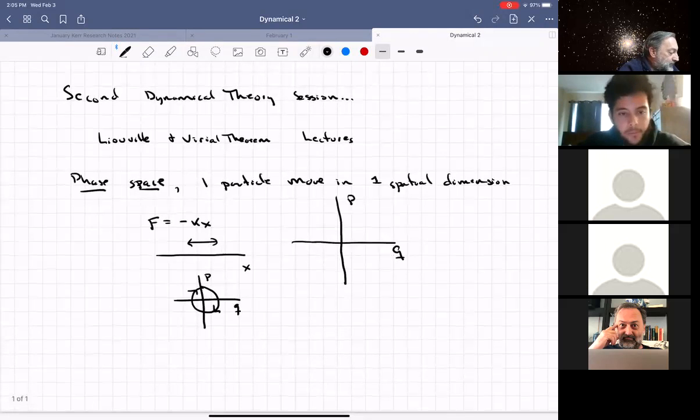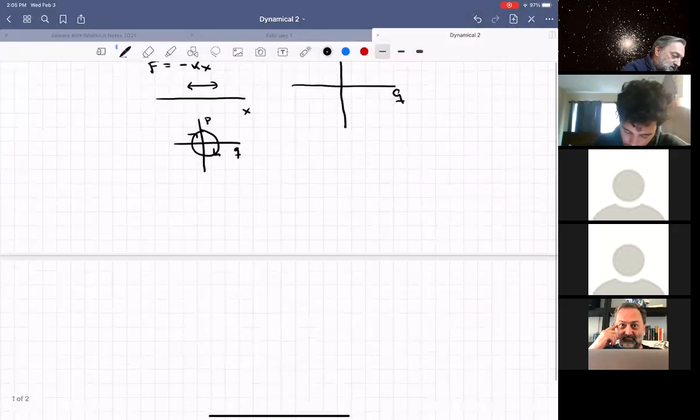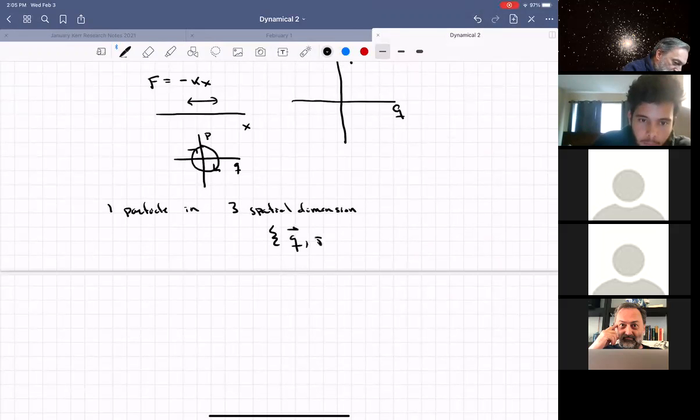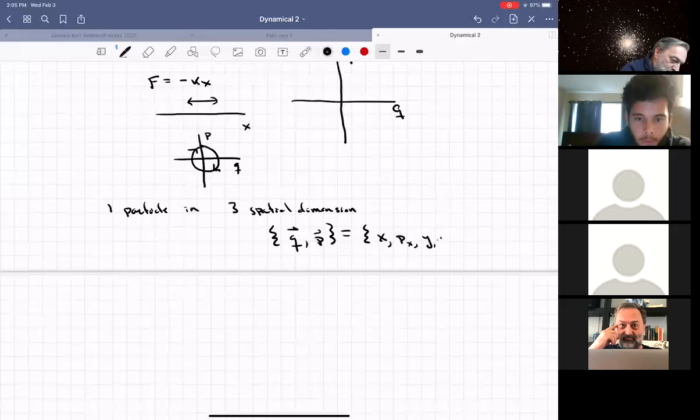Hello. So phase space for one particle moving in one spatial dimension is just a pair of P and Q. On the other hand, if we had one particle that could move in three spatial dimensions, the phase space that we would be interested in would be the space of Q vector and P vector, which you would ordinarily organize as x, the x momentum, y, the y momentum, and z and the z momentum.